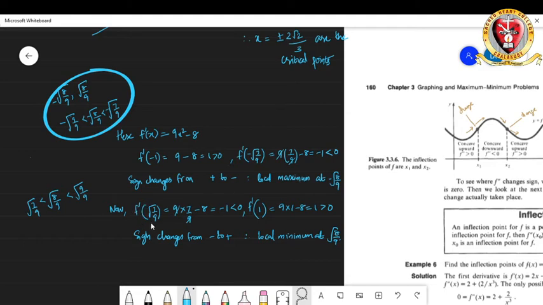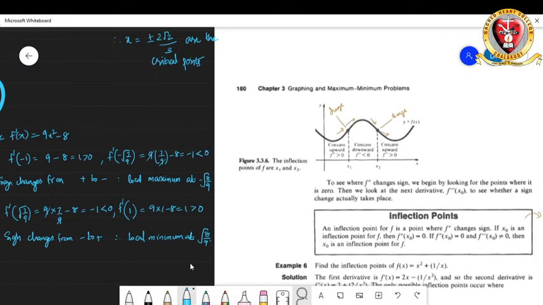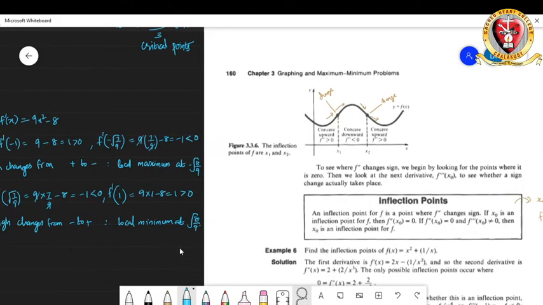So take f dash of root of 7 by 9, you get 9 into 7 by 9 minus 8, which is equal to minus 1, which is strictly less than 0, and f dash of 1 is equal to 9 into 1 minus 8, which is equal to 1, which is strictly greater than 0. So the sign is changing from negative to positive. Therefore, you are having a local minimum at the point root 8 by 9 or 2 root 2 by 3.